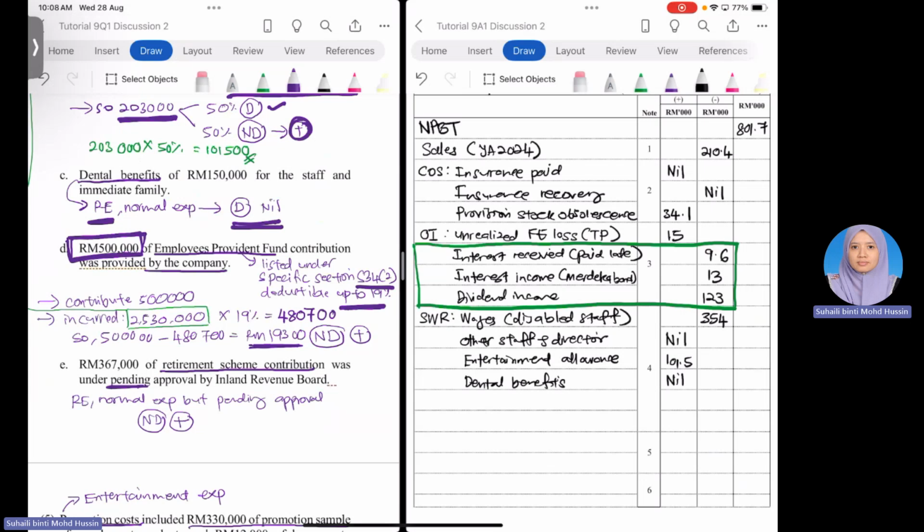Now, the company made the contribution 500,000 ringgit, which is larger than the limit amount. So, which means that the balance 19,300 ringgit is not allowed for the deduction because the company contributed exceeding 19%. So 19,300 ringgit needs to be added back.